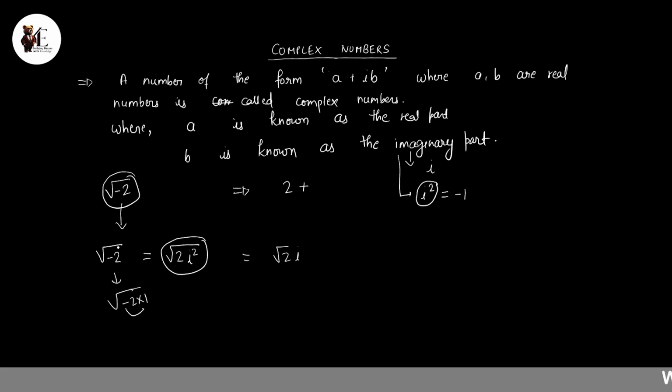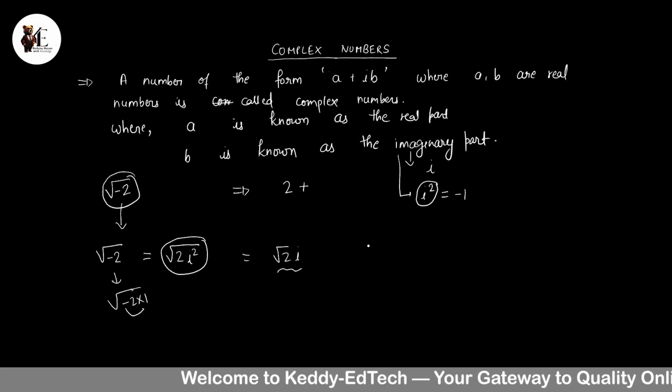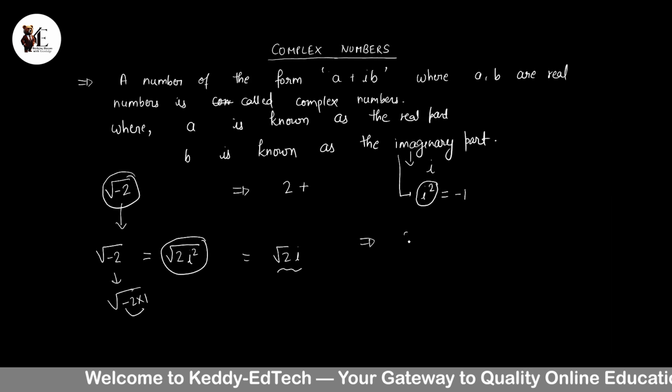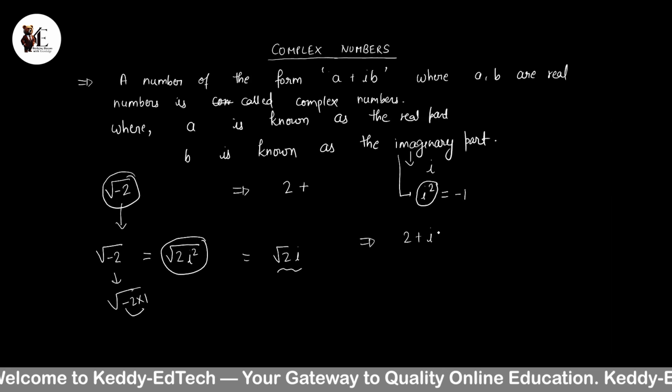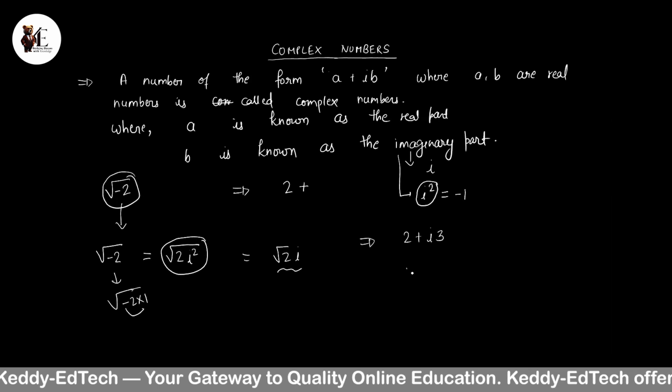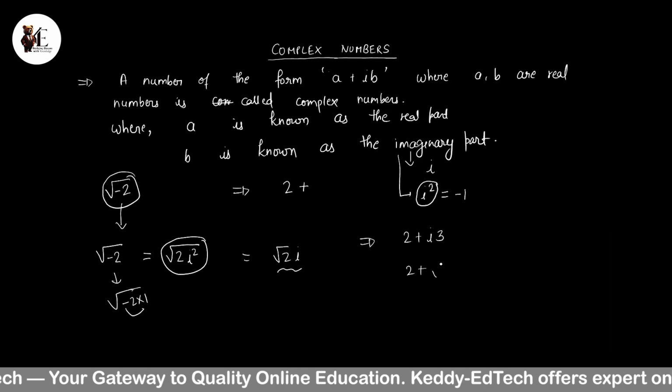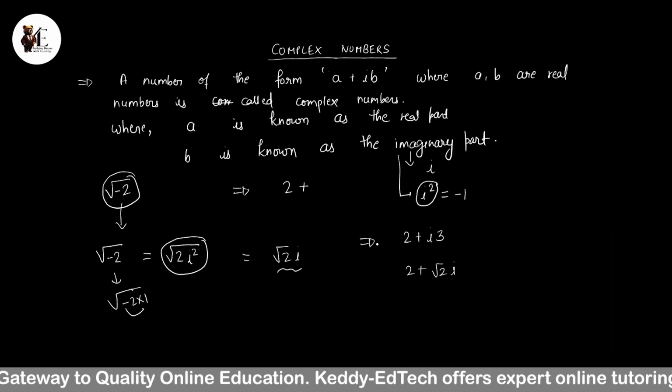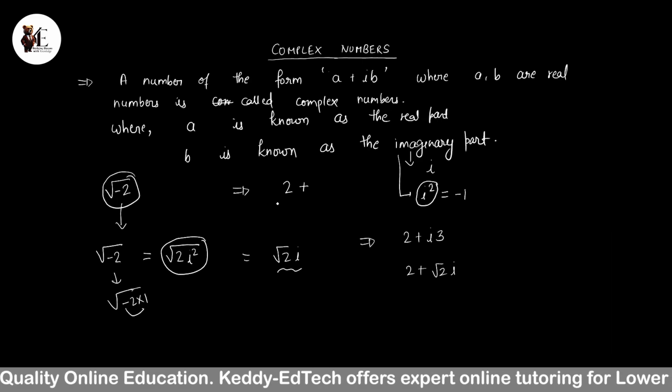So to remove this negative sign from the square root, we use this symbol i, imaginary, and i square is known as -1. So root 2 i. If any number is written like this, 2 plus i3, or 2 plus root 2 i, such numbers are known as complex numbers.